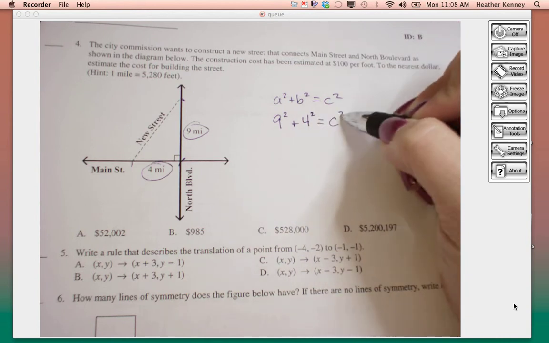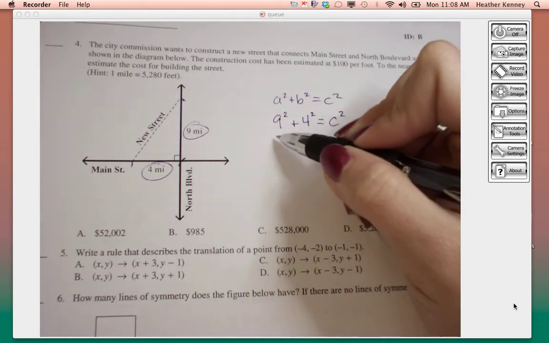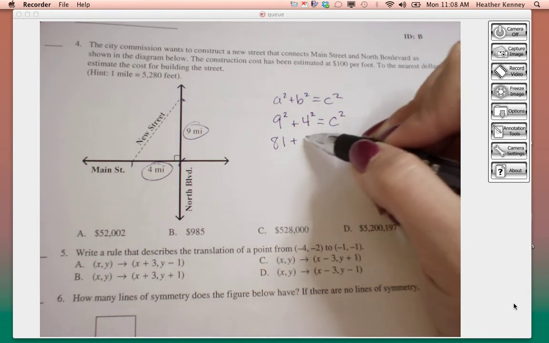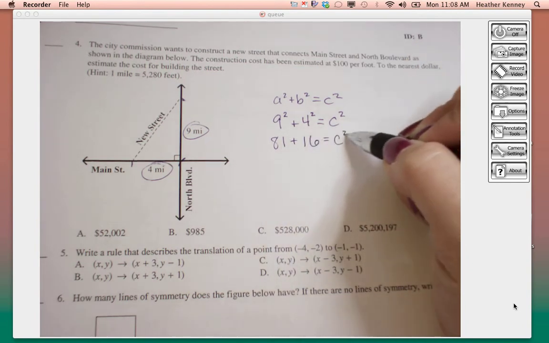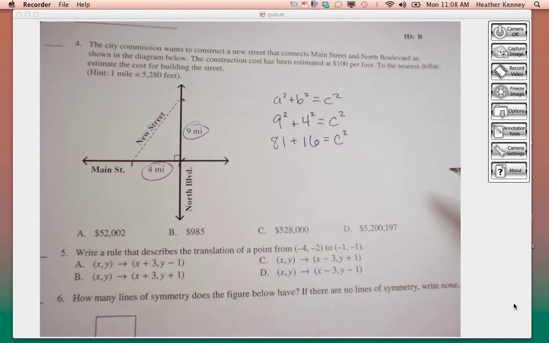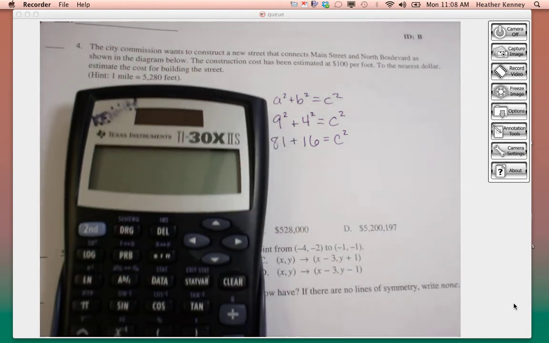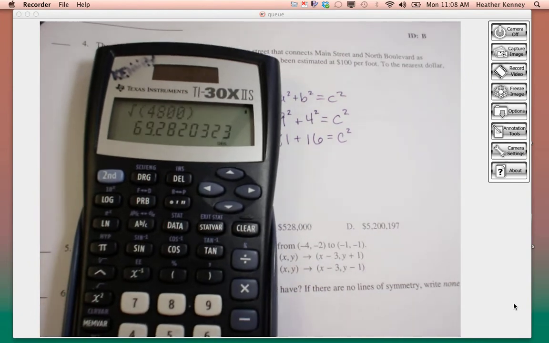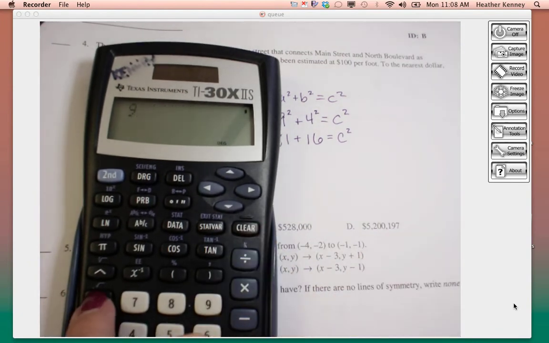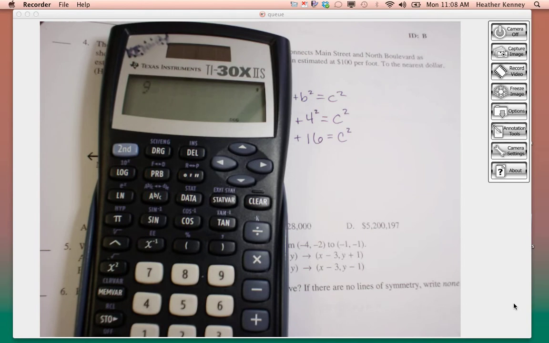A squared plus b squared equals c squared. My legs are 9 and 4, and then the length of my new street would be c squared. So 9 squared is 81, 4 squared is 16, equals c squared. Okay, so we can go to our calculator if you're not comfortable squaring things.